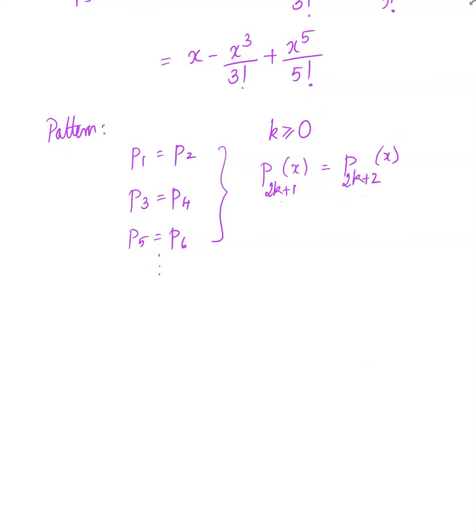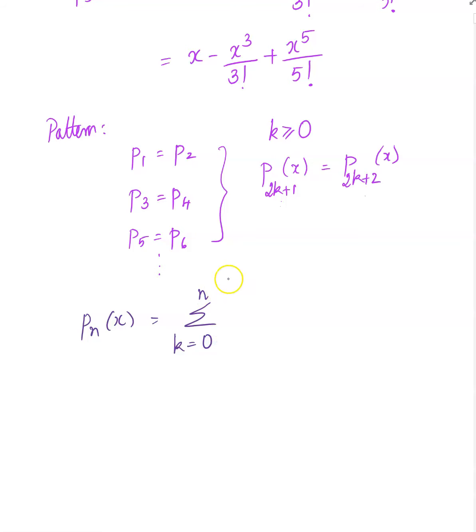So now we also have the changing signs, right? It's an alternating series in that sense. So we come back and write the general form, okay? Pn of x, summation k from 0 to n, right?